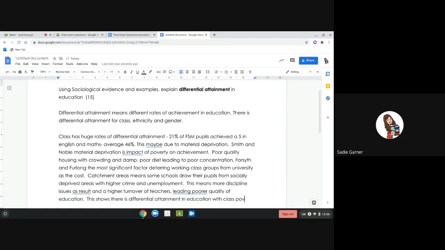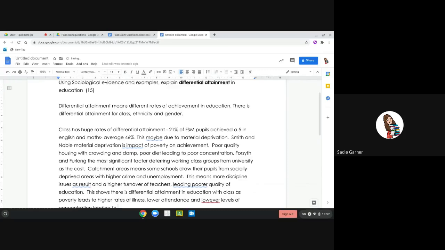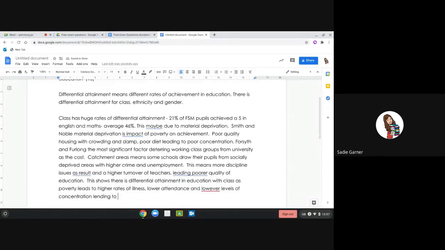As poverty leads to higher rates of illness with lower attendance, and lower levels of concentration, leading to different rates of achievement.